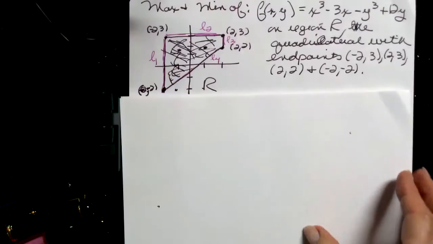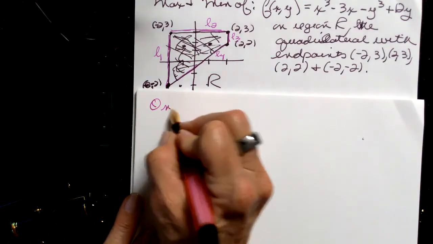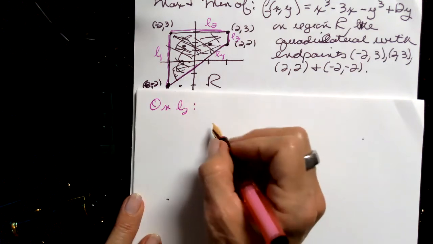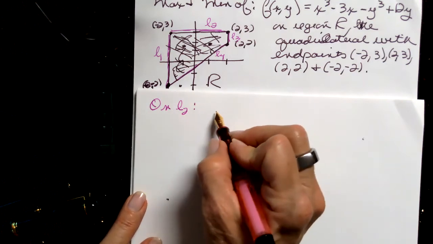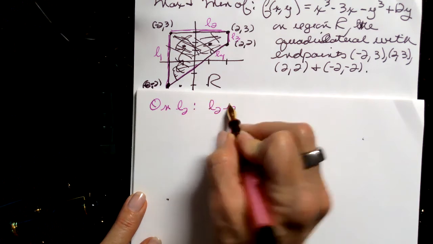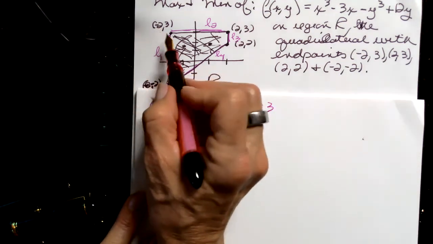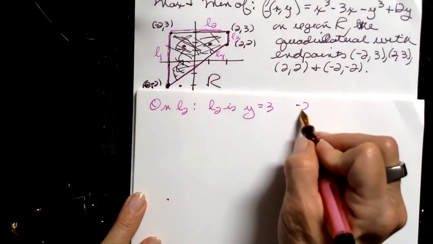Now, what about on L2? On the line L2, you can see it is the line y equals 3, and that's when x goes between -2 and +2.